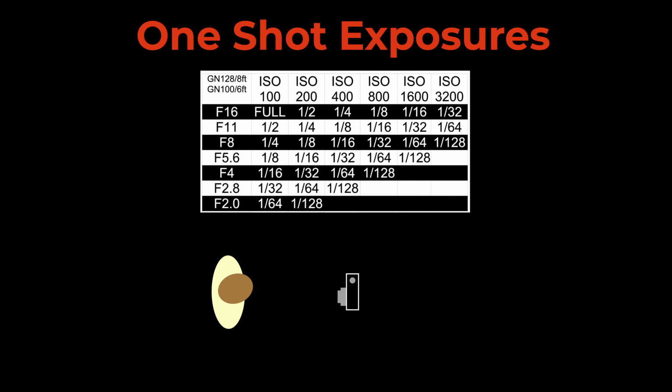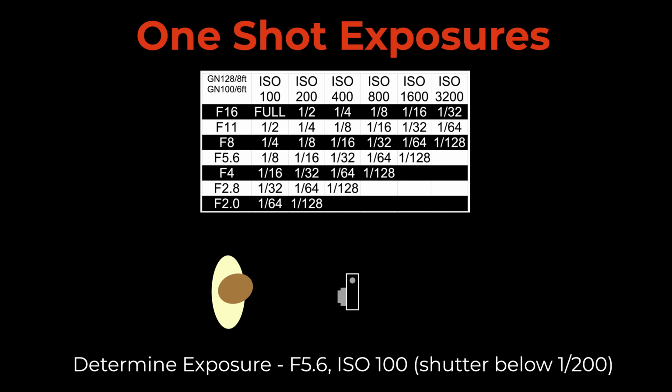Let's bring up this chart and let's say we want to take a picture at f5.6 at ISO 100. Now, if you look at this chart, do you see any place where it has shutter speed on it? No. Why? Shutter speed is not controlled by your flash.